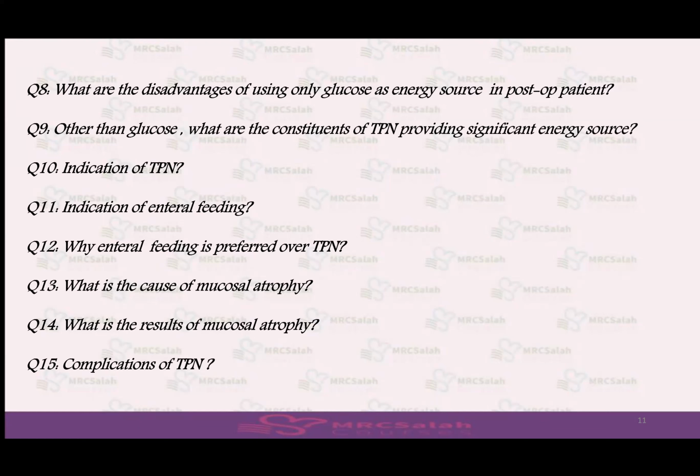And then feed problems: you have electrolyte imbalances, you could have underfeeding and overfeeding. Refeeding syndrome is a major problem with TPN. I think it's probably the primary complication of TPN as far as the feeding is concerned.